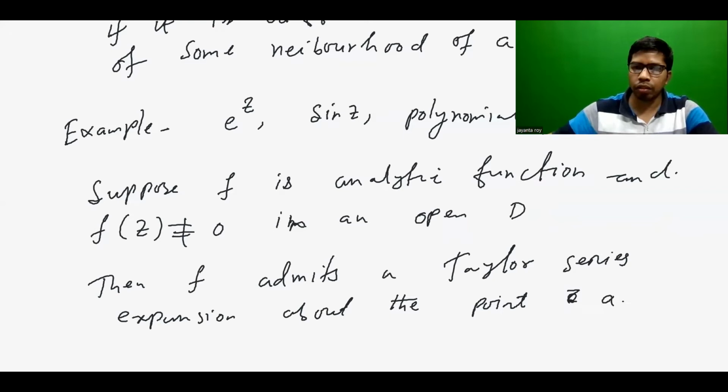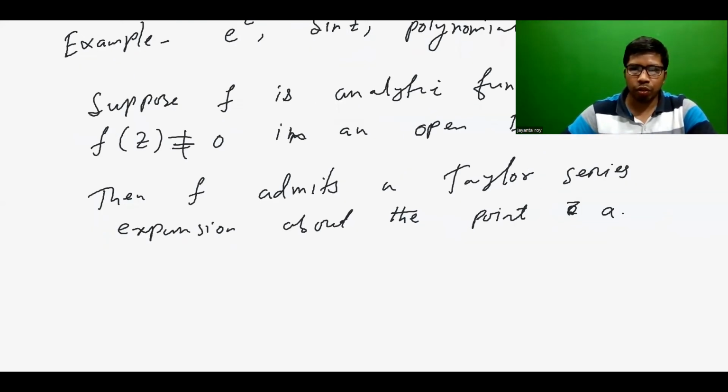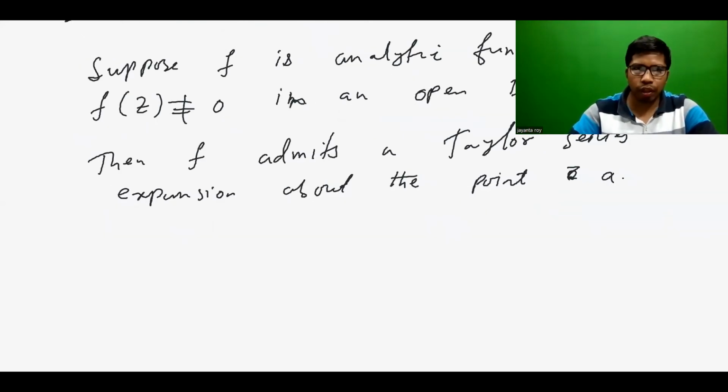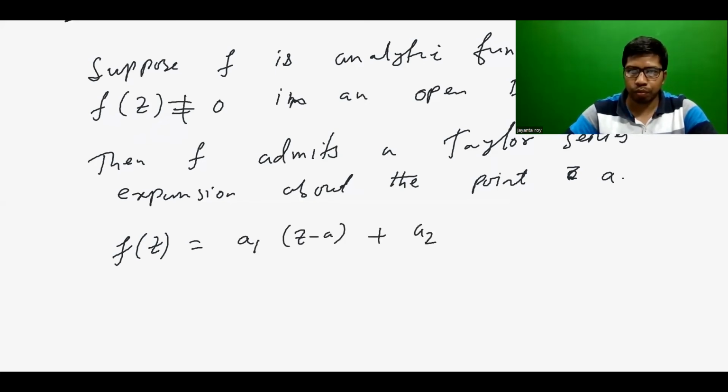As we know, the Taylor series expansion of f about the point a is written as this: f(z) equals this plus, and so on.